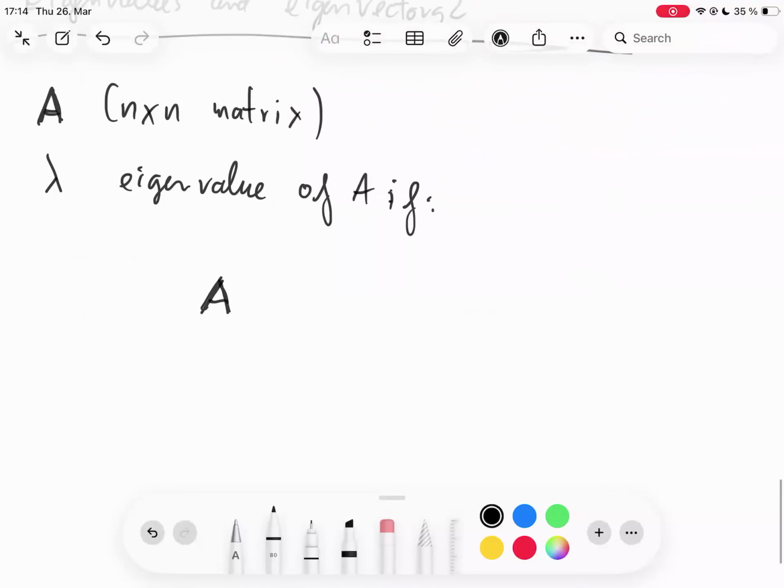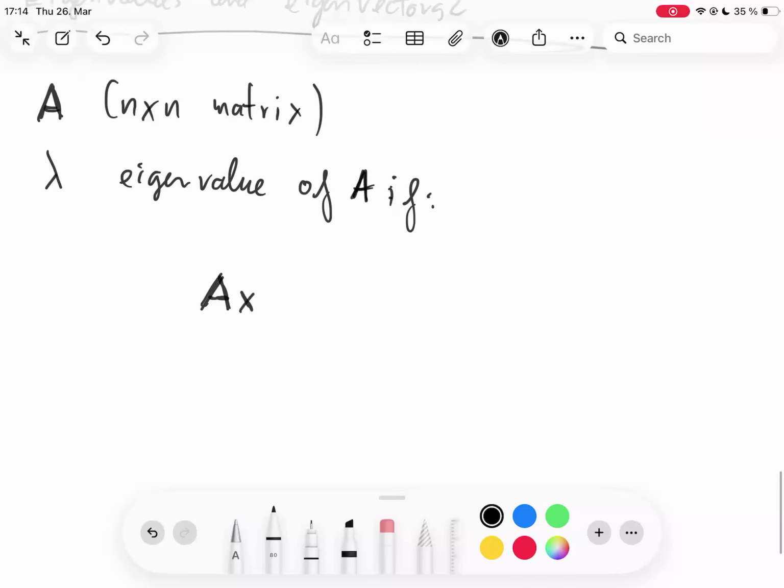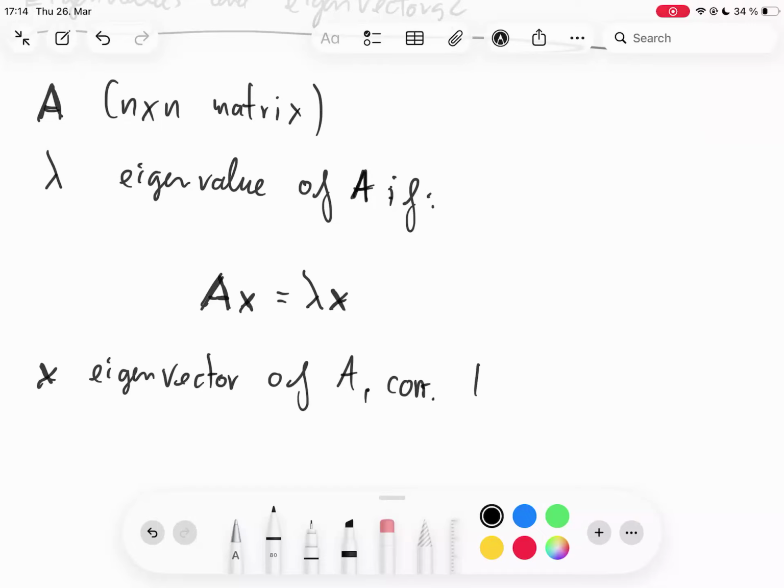I have A, also bold here, times x, which is in bold, so it's a vector, is the same as lambda times x. So x is the eigenvector of A, corresponding to lambda.